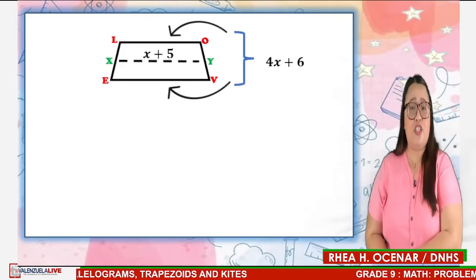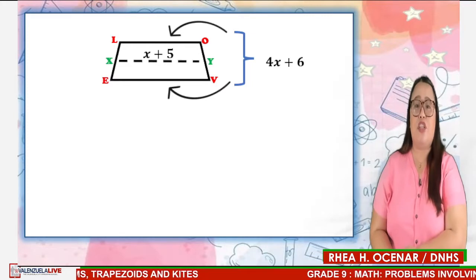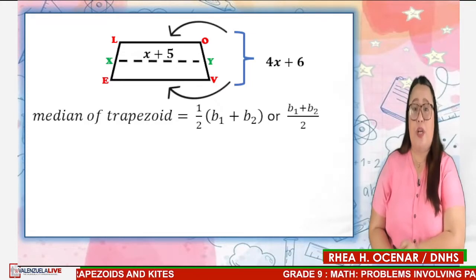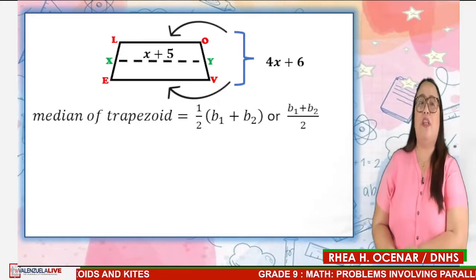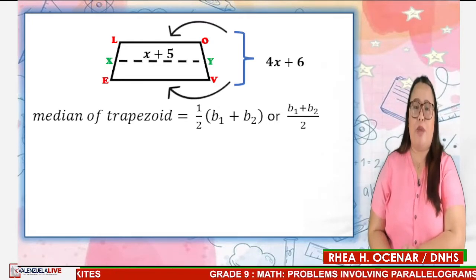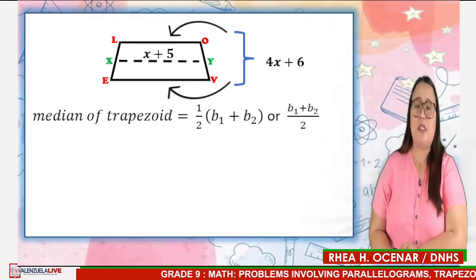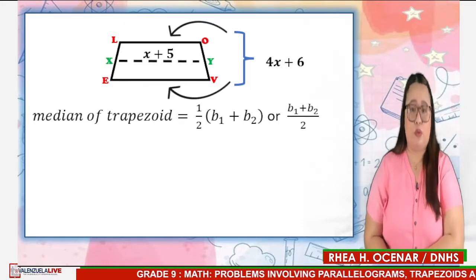To find median XY, we will use the formula in solving the median of a trapezoid, wherein median of trapezoid is equal to 1/2 times the quantity of base 1 plus base 2, or base 1 plus base 2 all over 2.